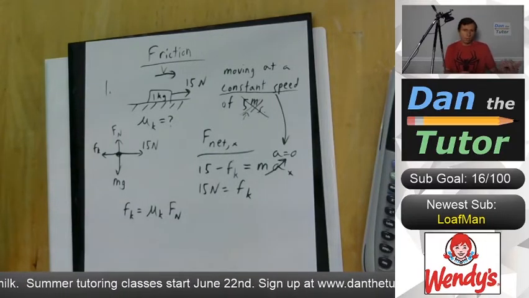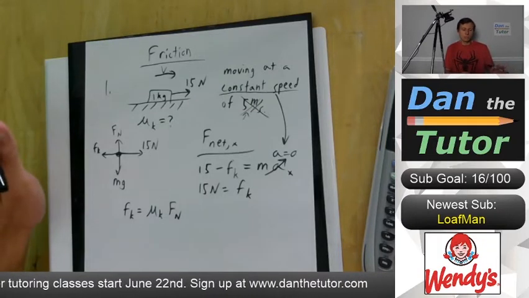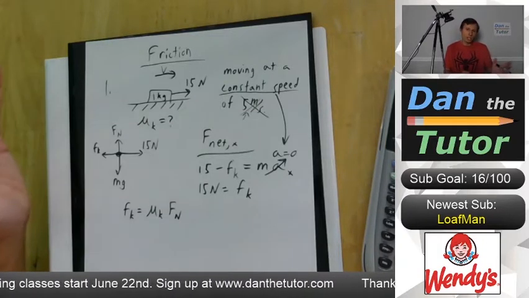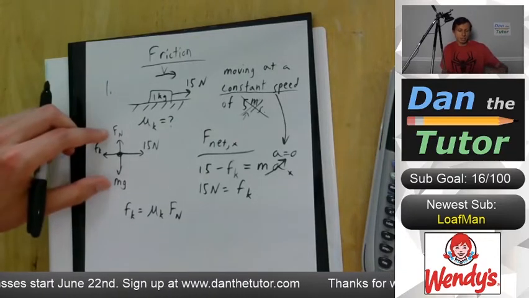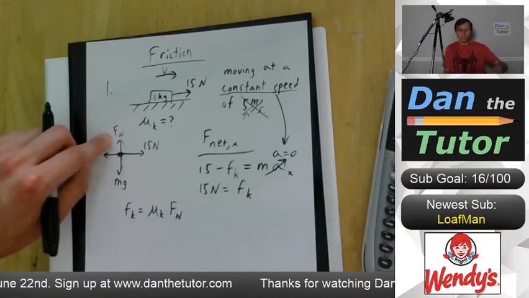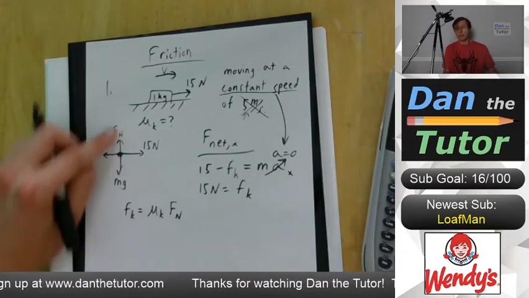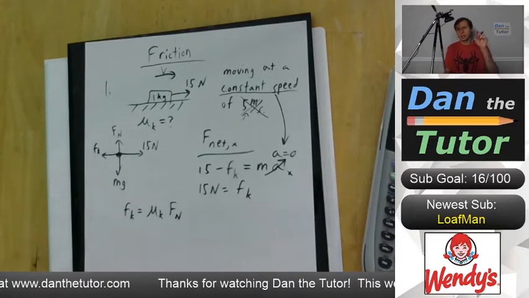Not an equation that we can use every time, but if you remember the way we normally find normal force, it involves F net in the y direction, and the reason for that is because if we look at the two forces here, mg and Fn, they're both in the y direction. I have a question for you guys. What's the acceleration in the y direction? Is it moving up or down? No. The acceleration is 0.